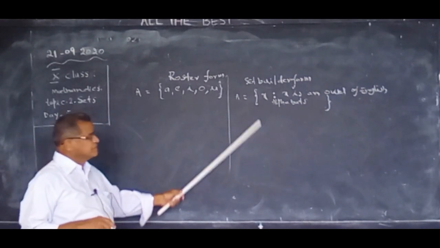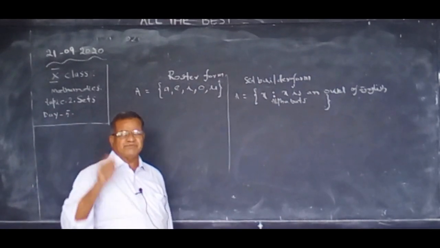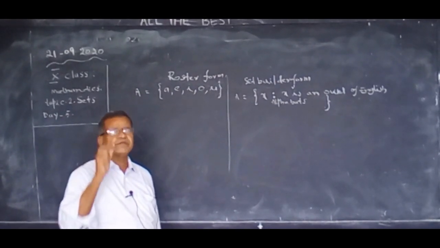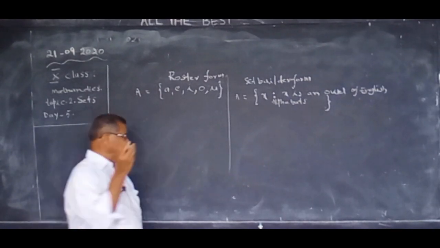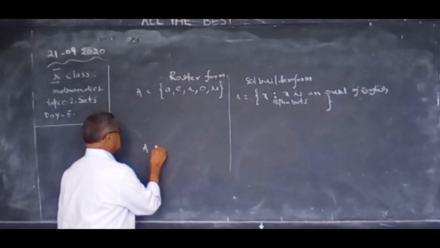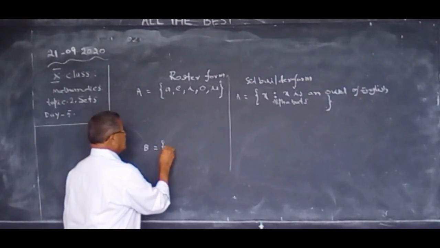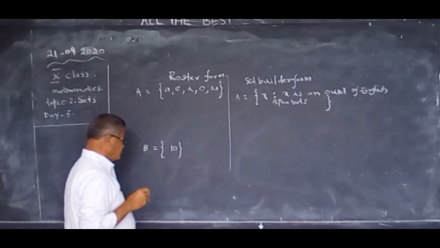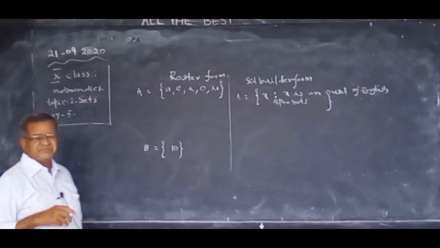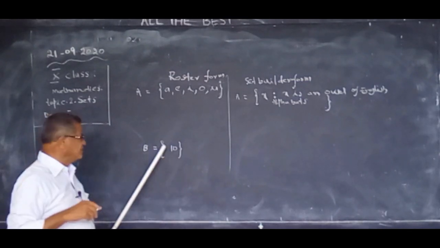Next, singleton set. As the name says, a set contains only one element. You can give any example: set B, or any symbol, with only 10. The set has only 10, so it has only one element.